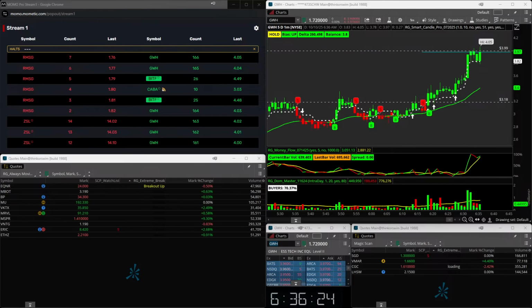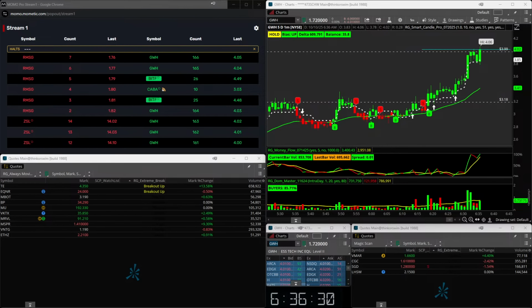GWH. Blue line is current price. All right, breaking 399. Let's see if we can get some interested buyers here, or does it fail? Watching the lower indicators, we need that green bar on the very bottom indicator to break that yellow line and grow taller for the price to push higher.